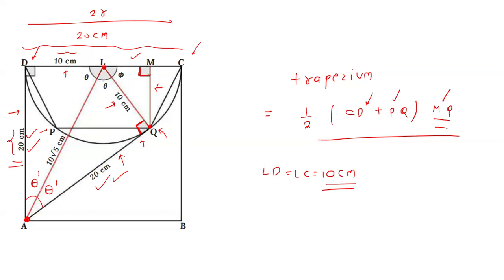Now you see the triangle ADL. We know this is 10 centimeter, this is 20 centimeter, so we can calculate this AL length. From the Pythagoras theorem we can calculate this.